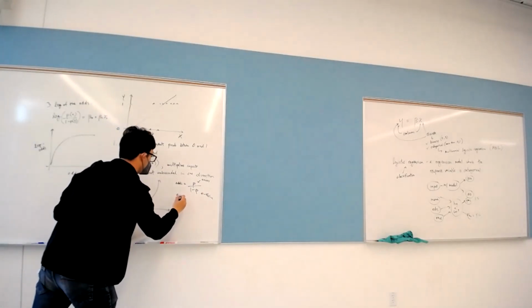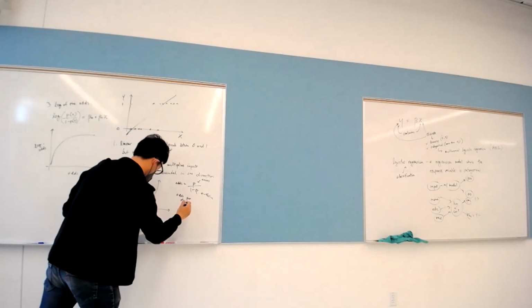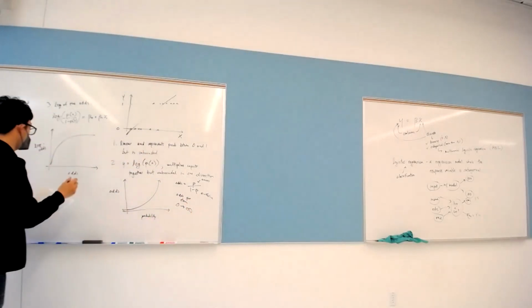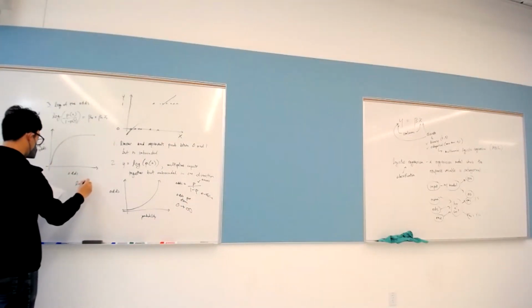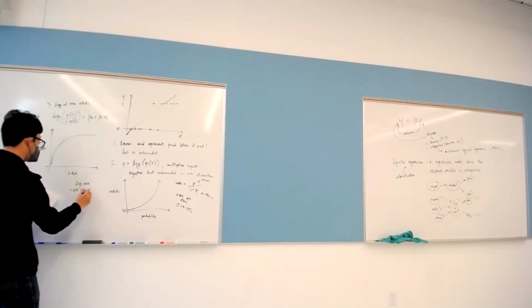So here our odds go from 0 to infinity. And here our log odds can go from negative infinity to infinity.